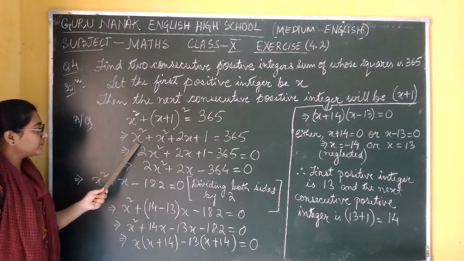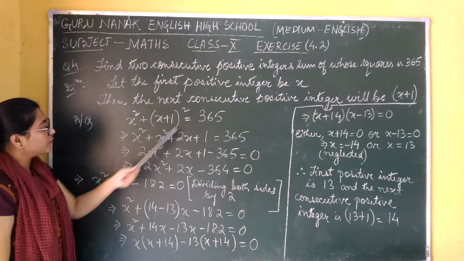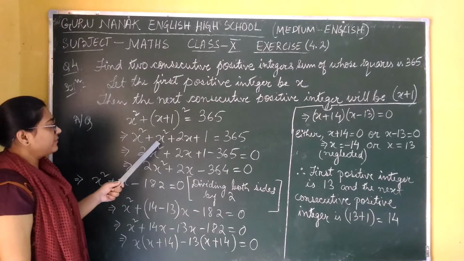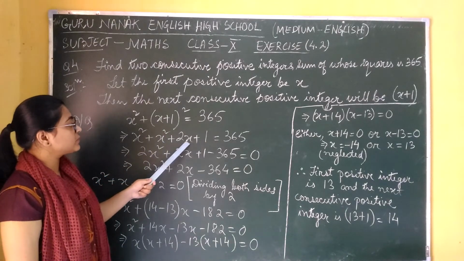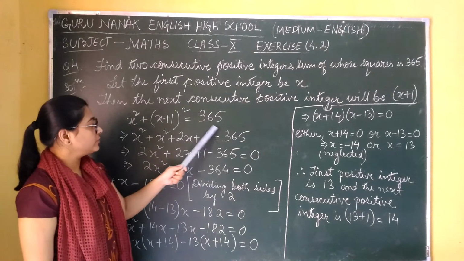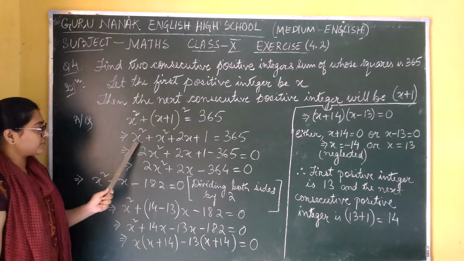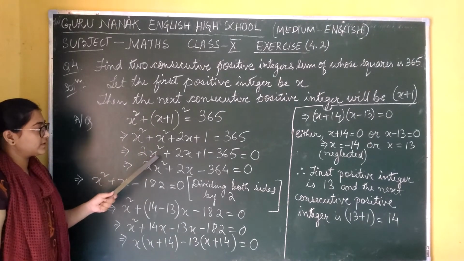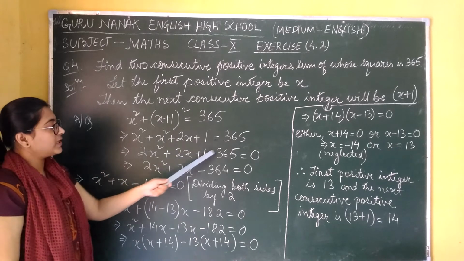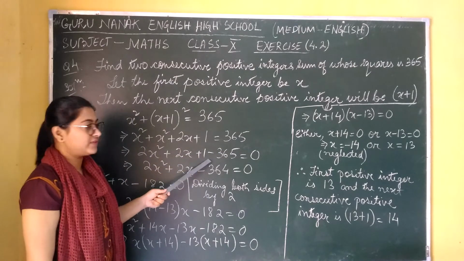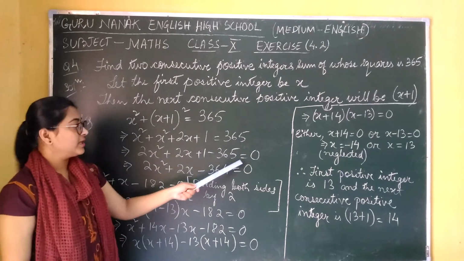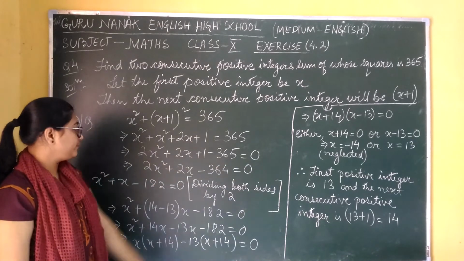Now x square we have written as it is, then x plus 1 whole square, if we break up, we will get x square plus 2x plus 1 equal to 365. Now in the next step, x square plus x square is 2x square plus 2x plus 1, and 365 we have brought to the left hand side, so it is minus 365 equals 0.